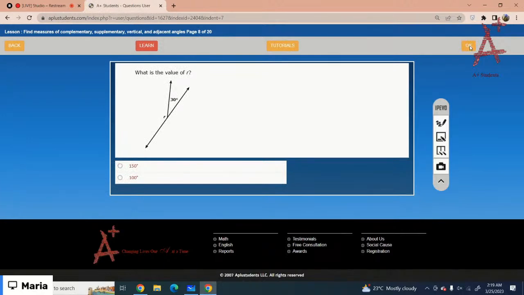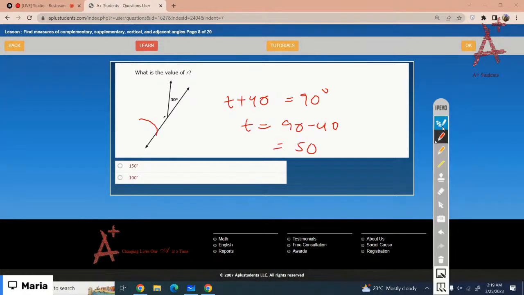Okay, what is the value of R? You need to calculate the value of R. The angles on a straight line add up to 180 degrees. So the complete angle equals 180 degrees. That means angle R plus 30 equals 180 degrees.